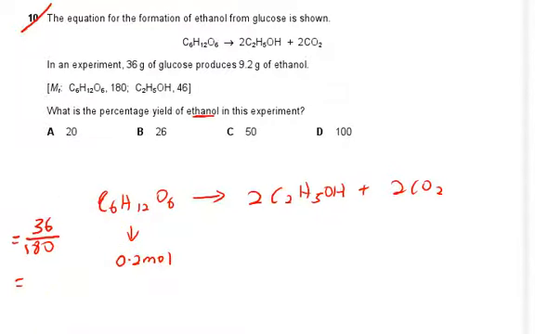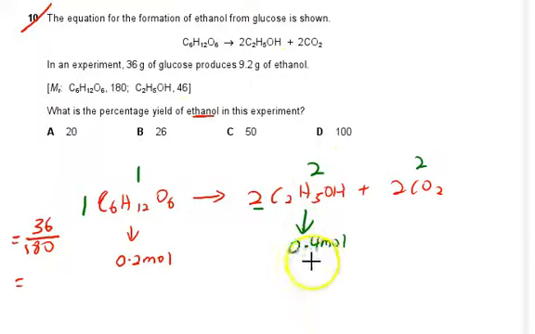Based on the mole ratio, here is 1, this is 2, and this is 2. So if it's happening in a perfect order, it should produce 0.4 mole of ethanol.